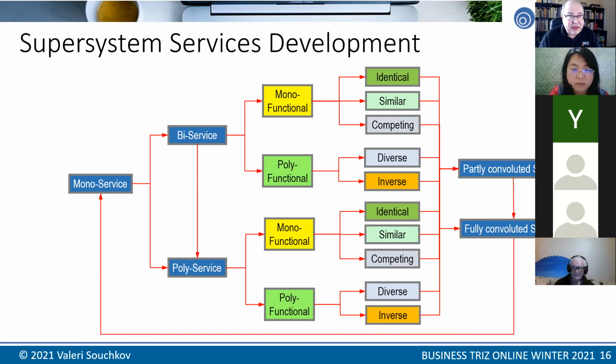The way of transition to super system, which was first discovered in technical TRIZ, is a perfect match with services. So we can use this way of evolution of services from monoservice to biservice to polyservice, and then even convolution or trimming of services, creating a new service.